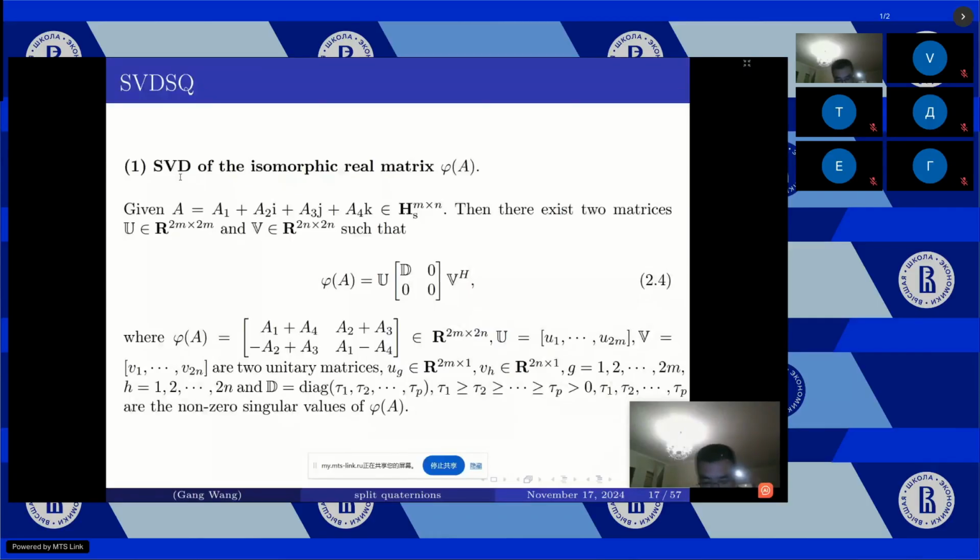Therefore, the singular value decomposition of the split-quaternion matrix can be obtained by the equivalent construction method. In the first step, for the SVD of a real matrix, we can easily obtain equation 2.4, where U and V are two unitary matrices, and D is a diagonal matrix containing non-zero singular values arranged in descending order.